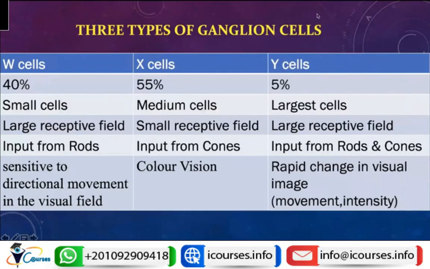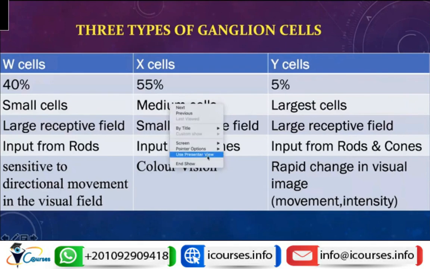So again, back to the types of ganglion cells, the X cells will be responsible for color vision. We will talk about color vision in a separate lecture tomorrow, inshallah. And we will say that it will be perceived by the X cells of the ganglion cells. The Y cells will be responsible for rapid changes in the visual image.